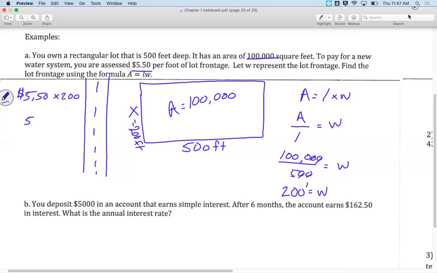I'll just give you the answer. It's going to cost me $1,100 to put in that drainage.